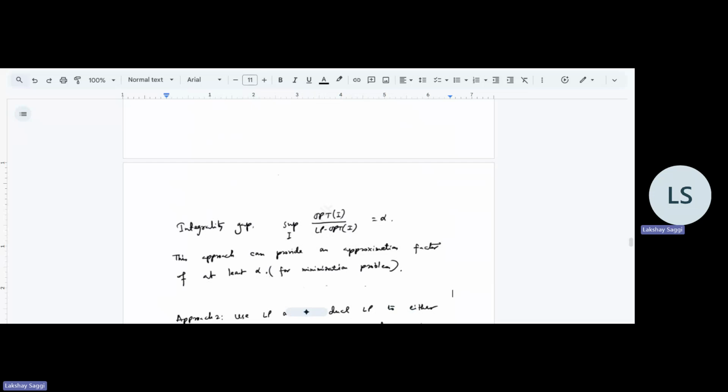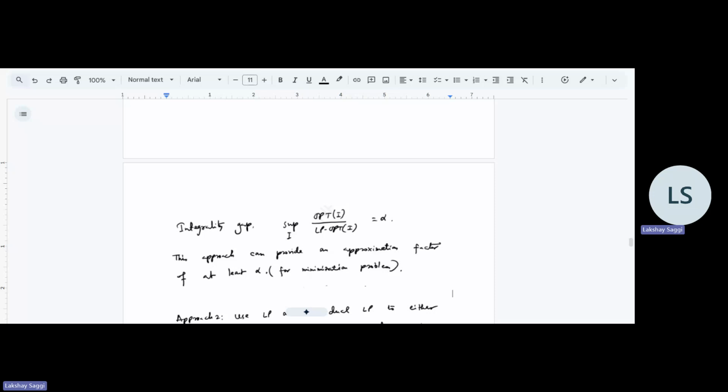So even designing an appropriate linear program for the problem at hand is also a challenging problem. It might not always be the case that there is just one; there can be multiple linear programs for the same problem.